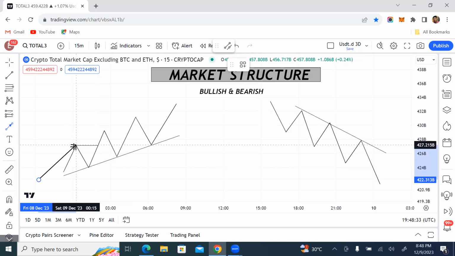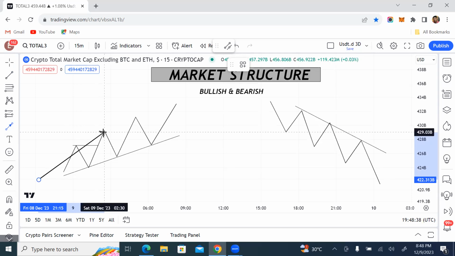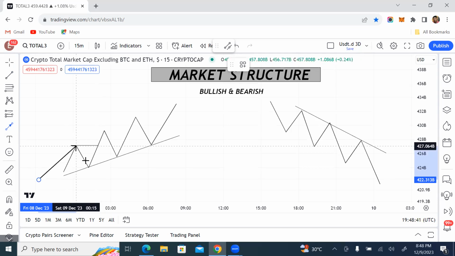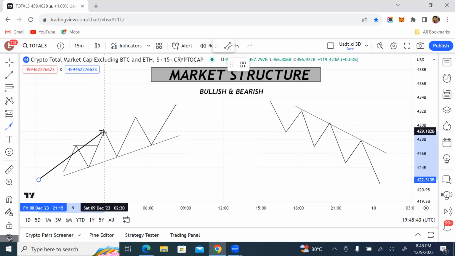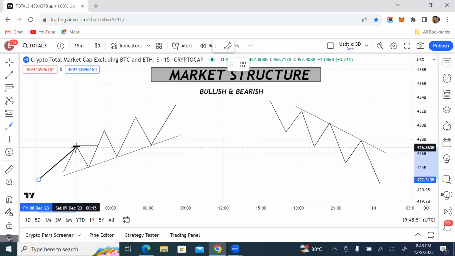So when it breaks a high, a new high is formed, which is this one right here. So here becomes your what? Higher high. It is called a higher high because it is higher than the previous high that was broken.